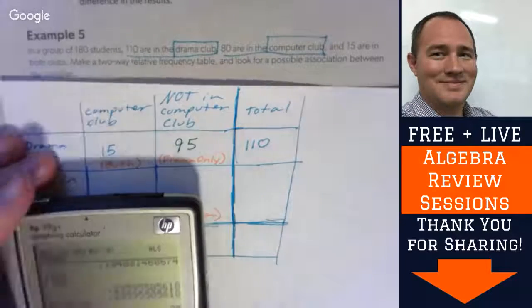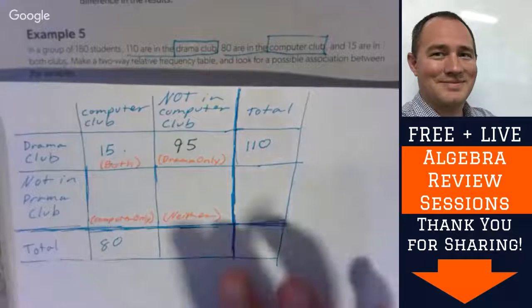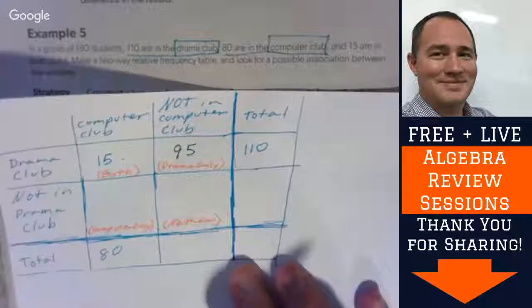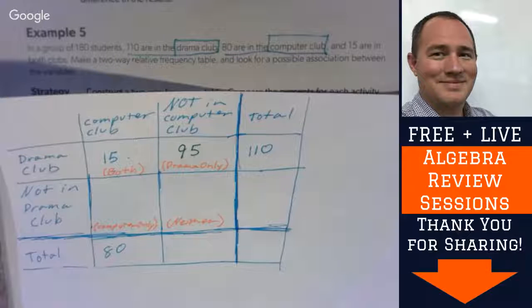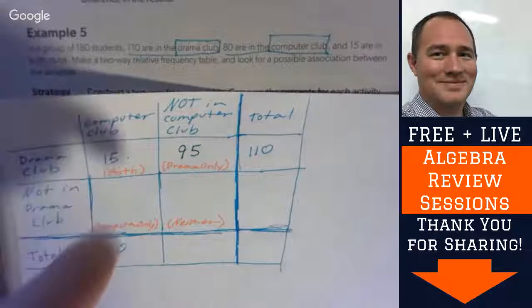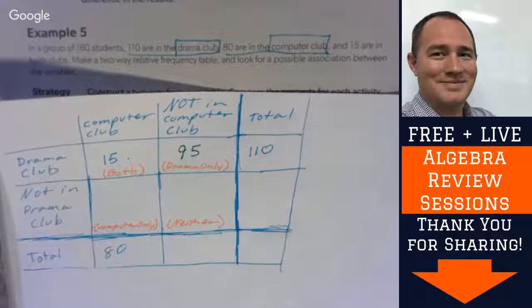So what else could we start to figure out? Now at this point we're stuck because we really need, no, we could go a little bit further. We could figure out this one. But I just realized there's a little bit more information, right?